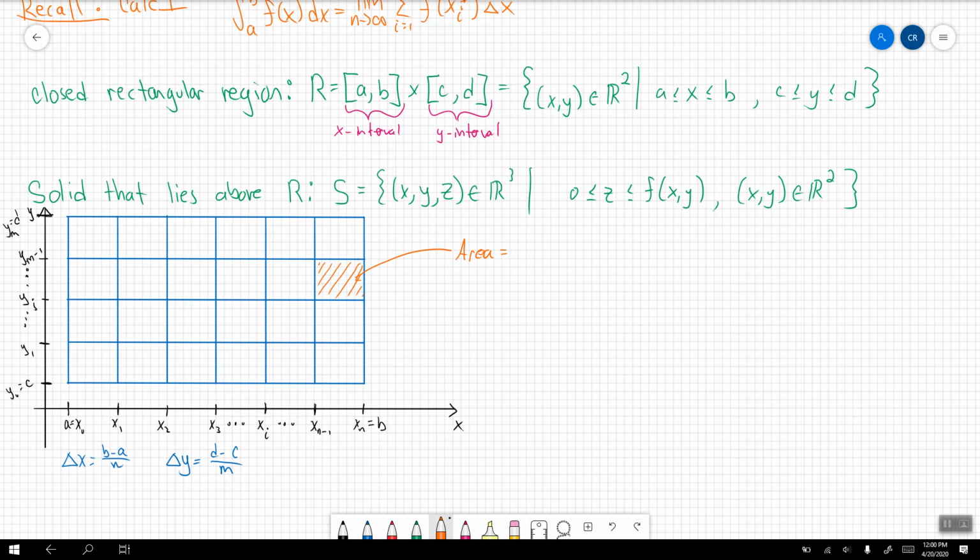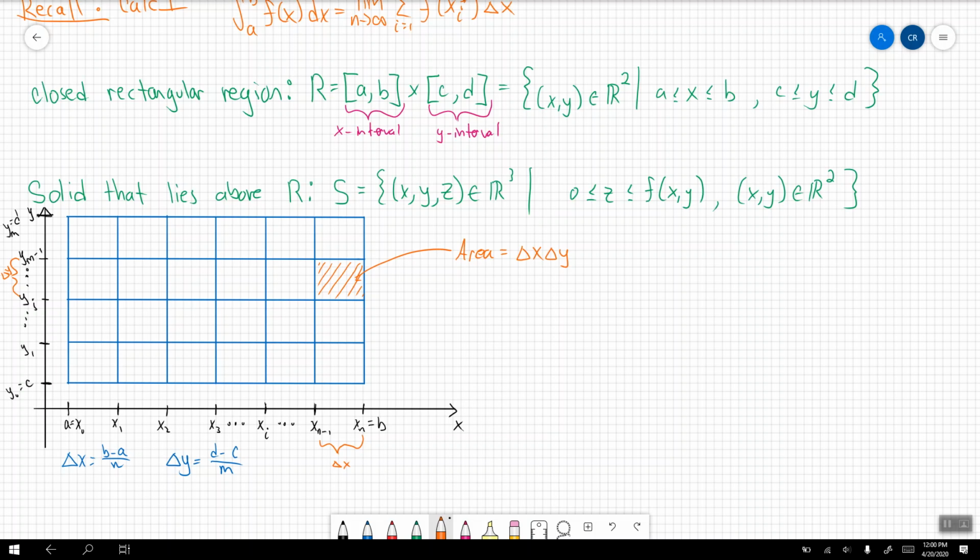Or base times height. But notice that this distance we defined as delta x, and this distance here we defined as delta y. Which means, could we just say this is some delta x times some delta y? Sure we can. That's exactly what we then start observing.